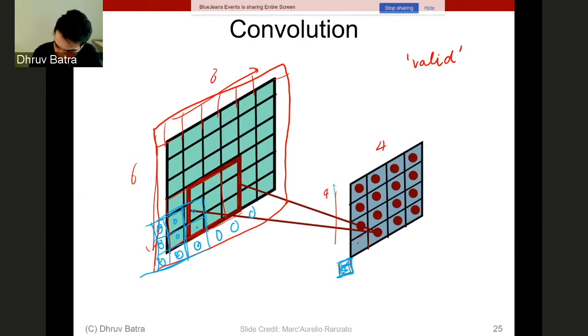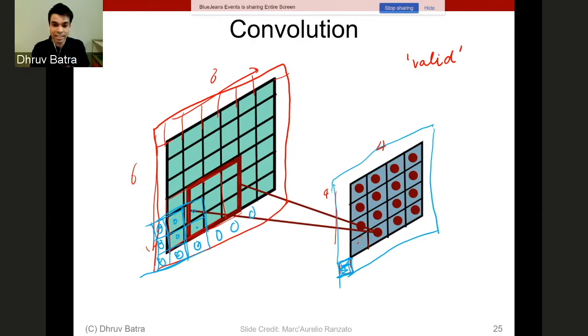But if you did that, you would get an output of size 6 by 6 as well through this padding. We will talk about the relationship between the size of the filter and the amount of padding required, but you can already see that there has to be a relationship. If you have larger filters, clearly you will need larger padding to get the same sized output.